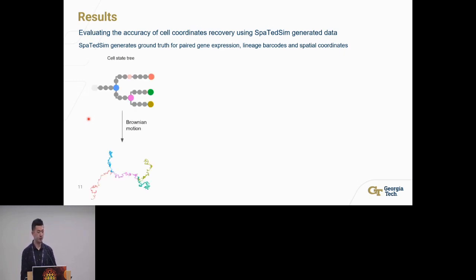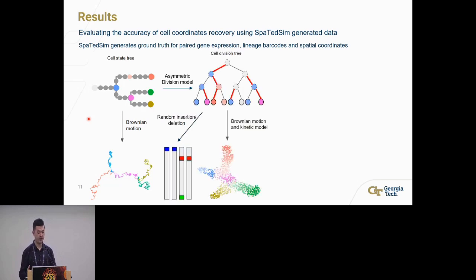SpotTesting starts with a model called the cell state tree, which basically characterizes the developmental trajectory between cell types. We can run a Brownian motion model to get the gene expression differences between those cell types. And then we have another additional input, which characterizes the actual single cell relationships, which is the cell division tree.